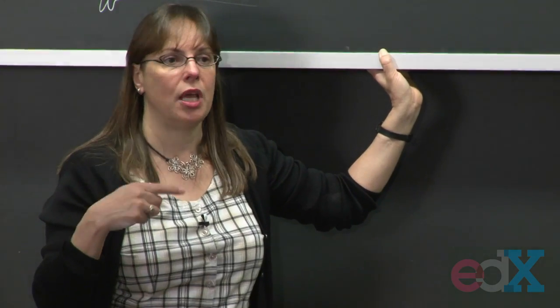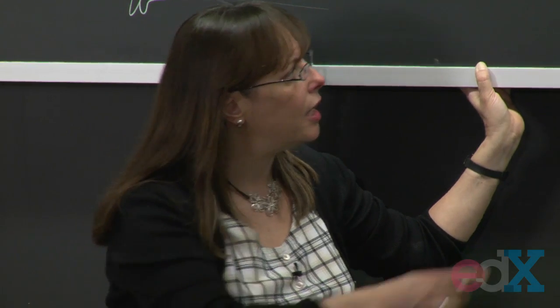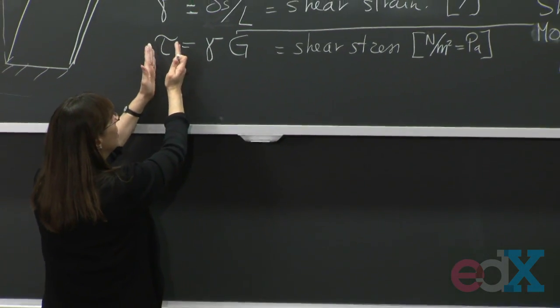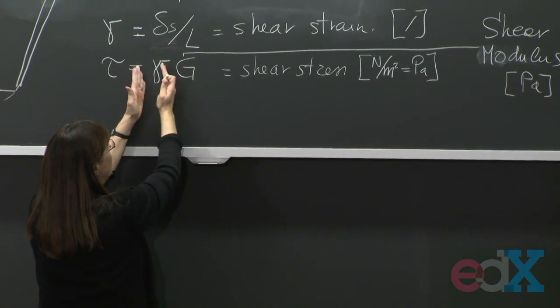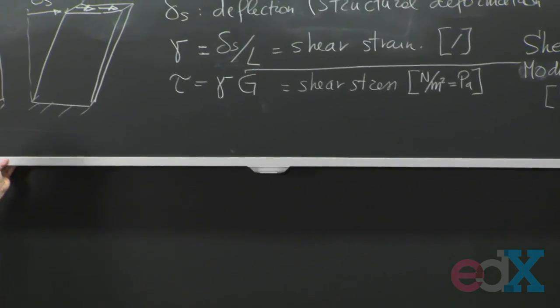You can choose the Young's modulus and the Poisson ratio, or the Young's modulus and the shear modulus. You can choose any two you want, and you can obtain all the other ones as a combination of the first two. But for now, let's just focus on the fact that for a linear isotropic elastic material, shear stresses can be obtained from shear strain through a material property which is called the shear modulus.